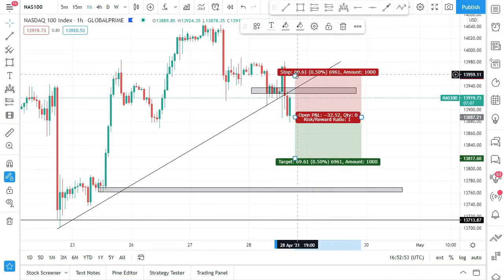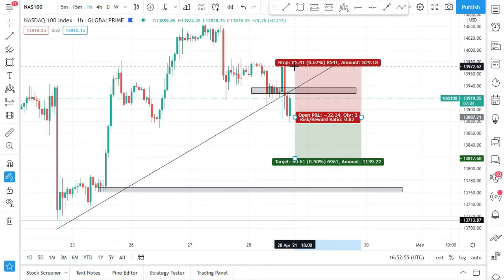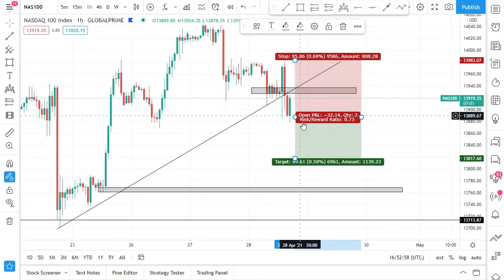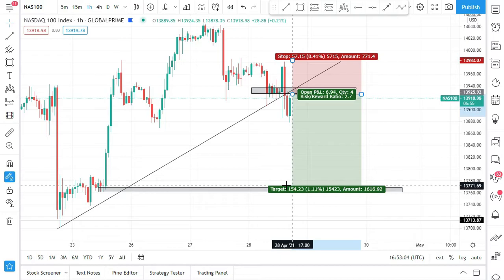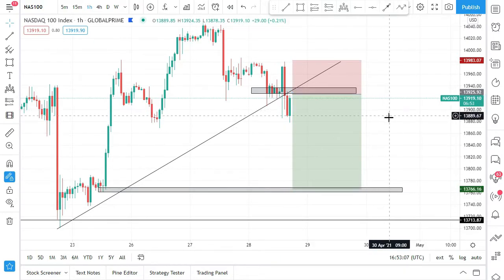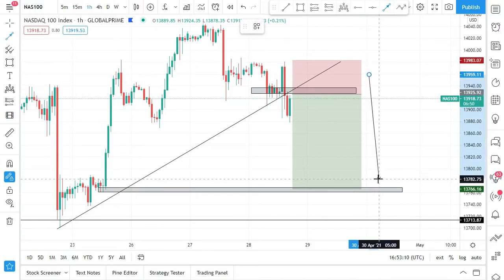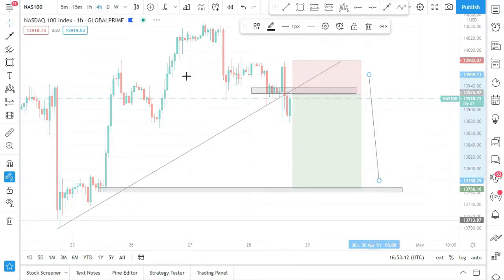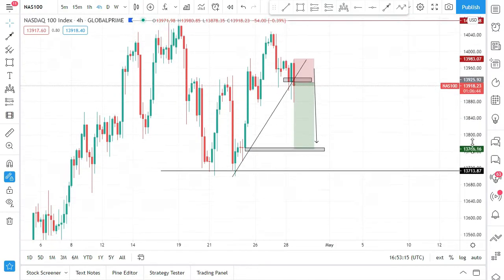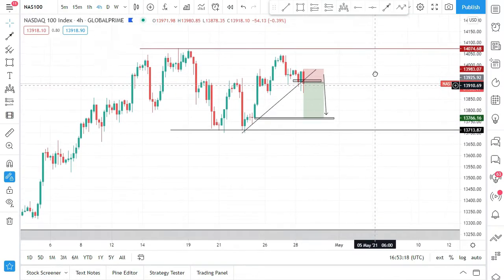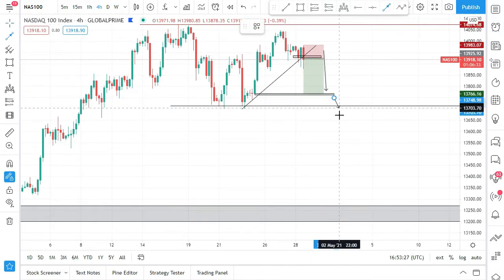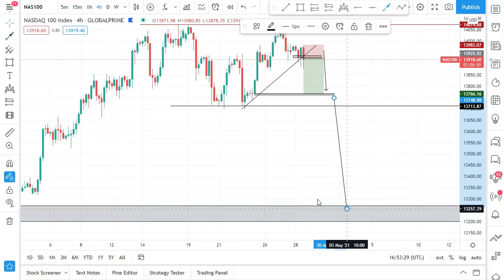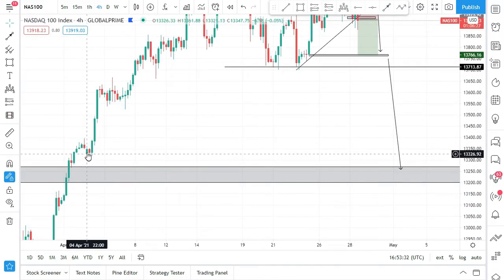Okay, so now we'll just put our stop loss a bit above there, above that high, entry point, take profit. Okay, then once the market breaks out of this structure right here, I'll be looking to sell all the way till there, right here.